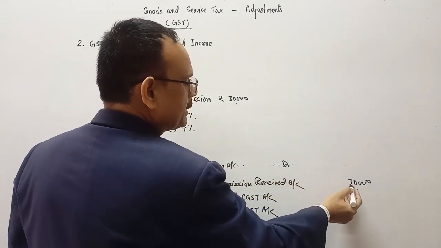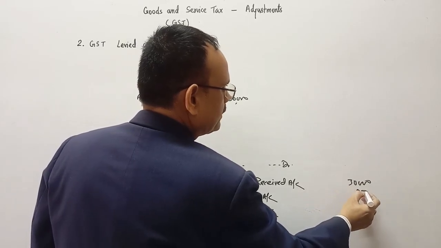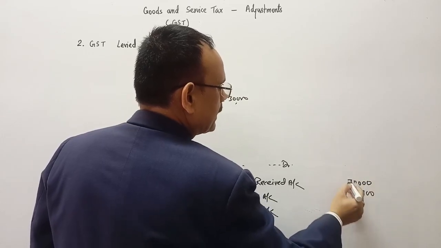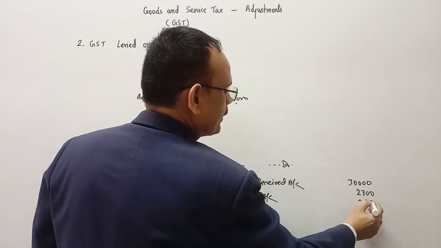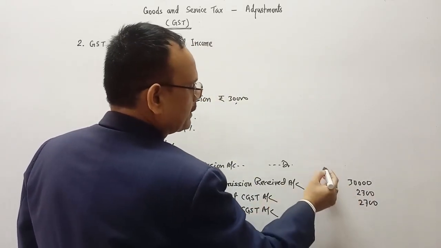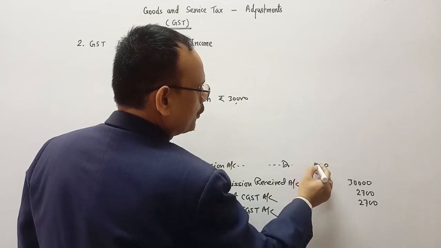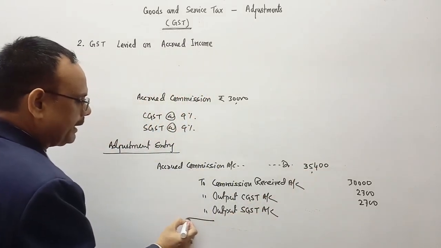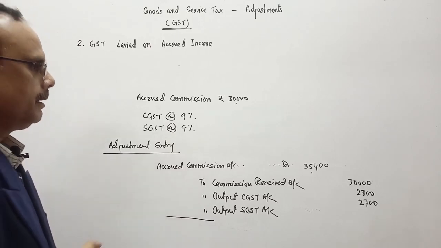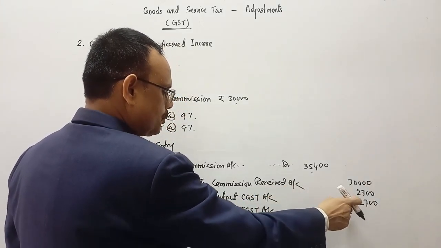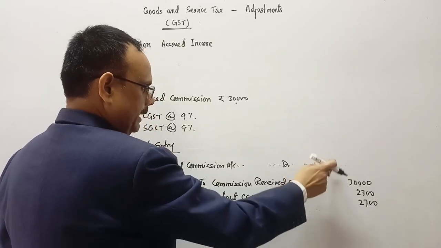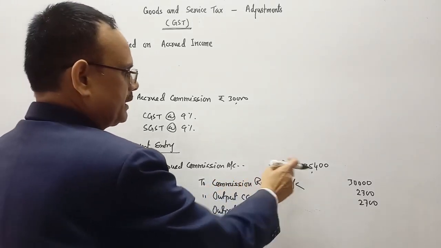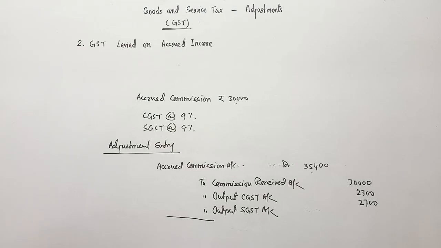So 9% of 30,000 is 2,700, and again 9% of 30,000 is 2,700, and you add these: 35,400. The accrued commission account will be debited by adding the output CGST and output SGST to the commission amount. So the accrued commission account will be debited with 35,400. Is it clear?